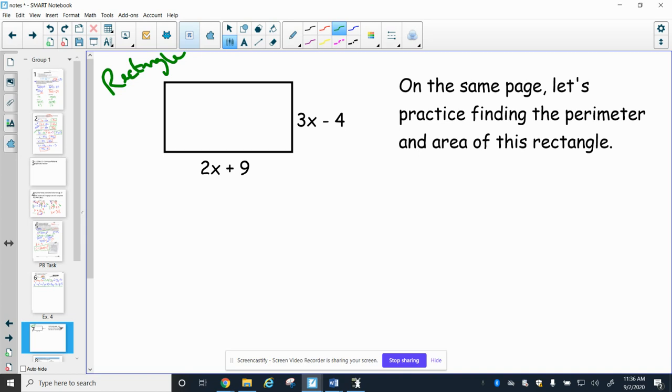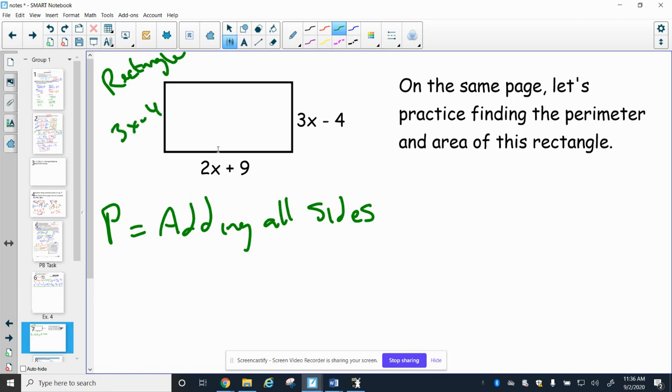Remember perimeter is equal to adding all sides. You might be thinking, I only have 2 sides filled in. Well, if it's a rectangle, we could bring this 3x minus 4 over here, and we could bring this 2x plus 9 up here.